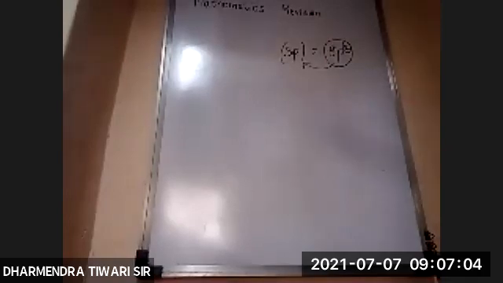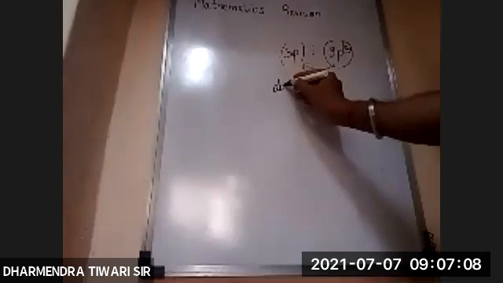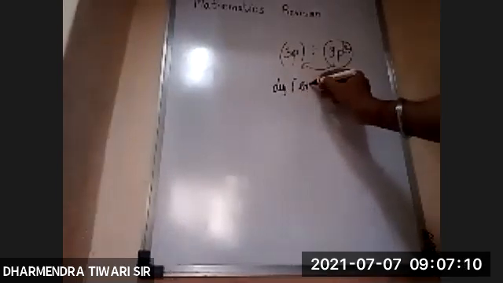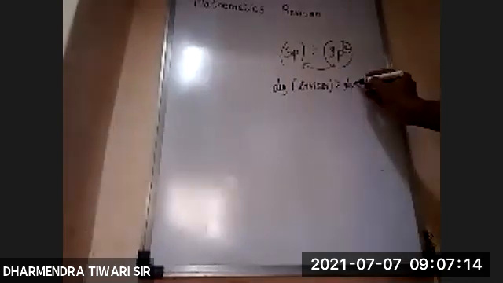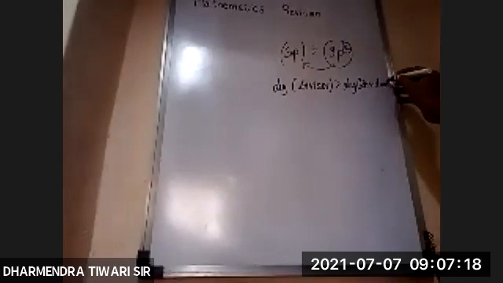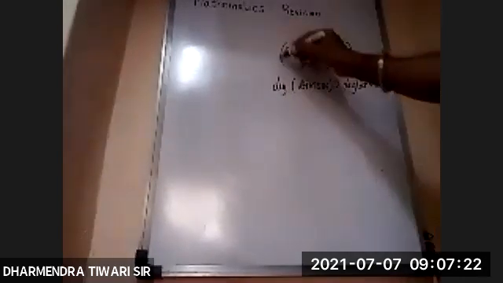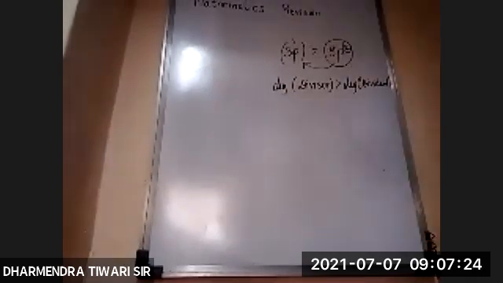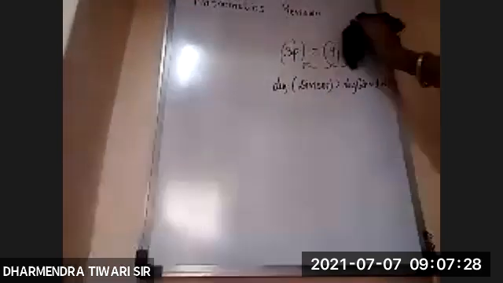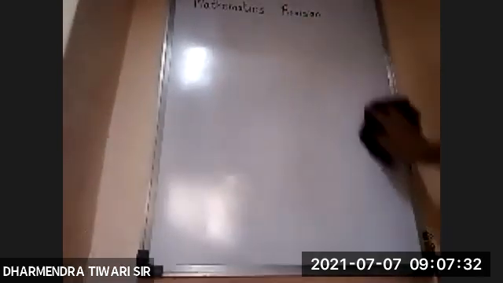As the degree of the divisor is greater than the degree of the dividend, your problem will remain as it is, so it will go to the remainder. We will see this type of example so that your concept will get clear, where we will be dividing and where we have to stop our division.